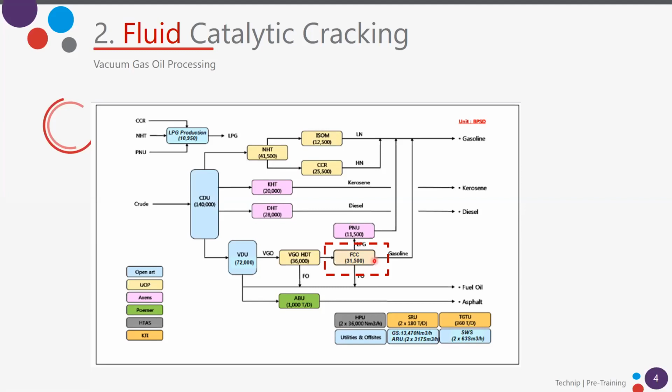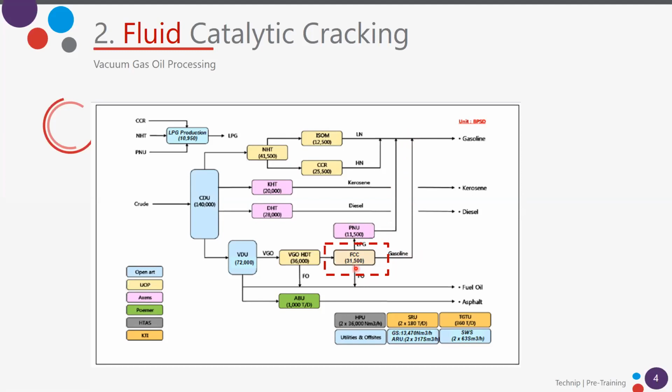From this unit, we will have three main streams. The main product will be a component for the gasoline pool, okay? It will be gasoline, that is our main goal, to produce gasoline. Then we will have some unsaturated LPG that we will send to the polynaphtha unit to produce more gasoline.